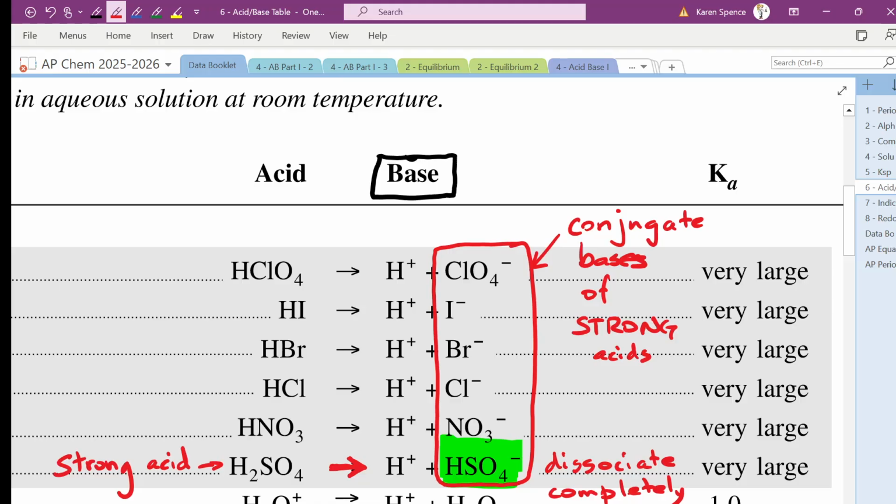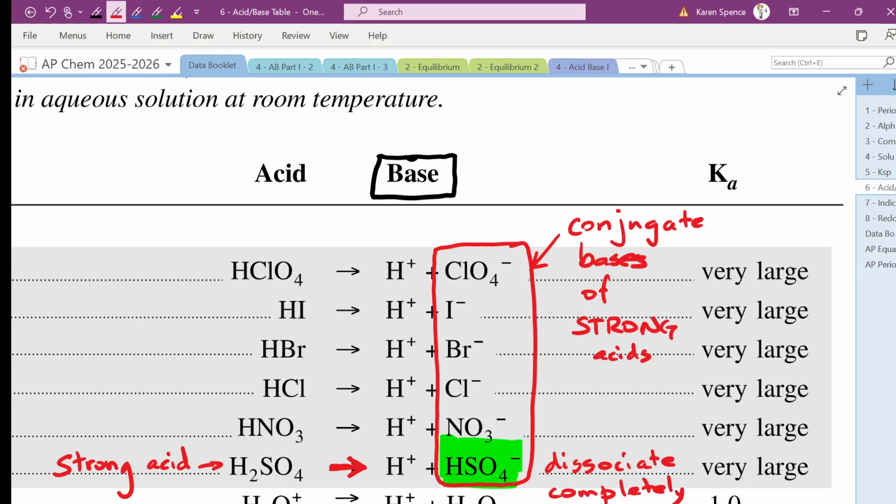Now, what do I mean by a conjugate base? Well, if this is an acid, HA, let's just call this A, for acid, when the hydrogen comes off, it becomes A minus, yes? HA and A minus are what we call a conjugate acid-base pair.